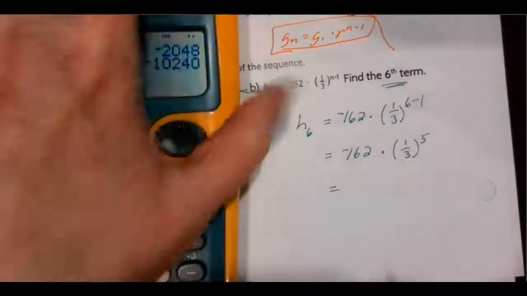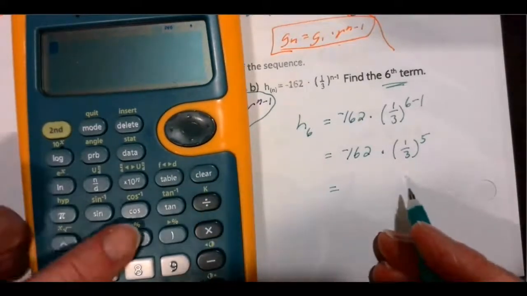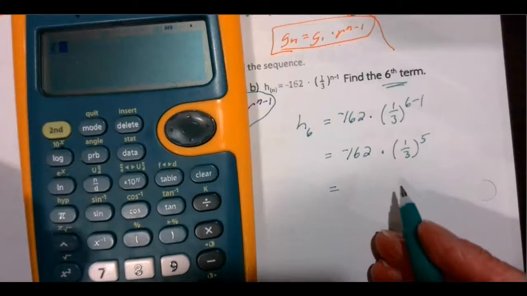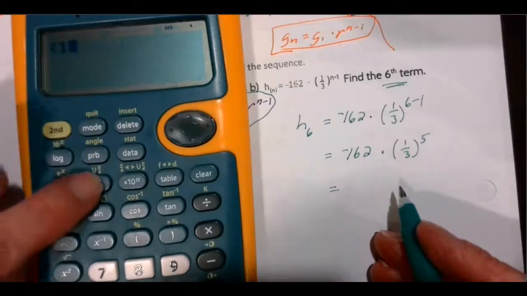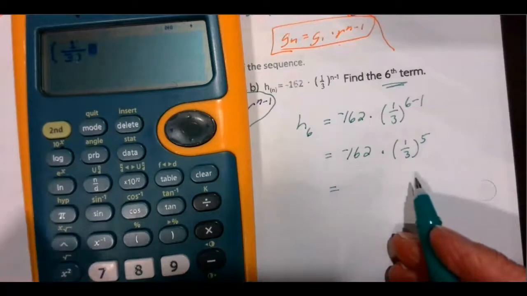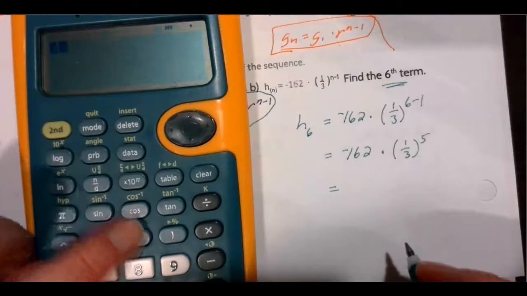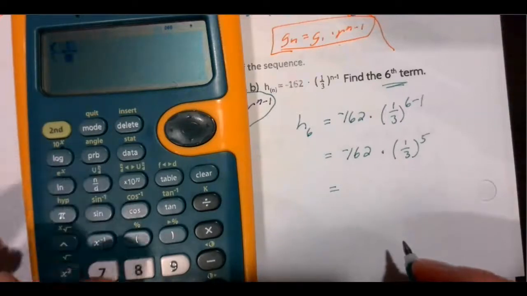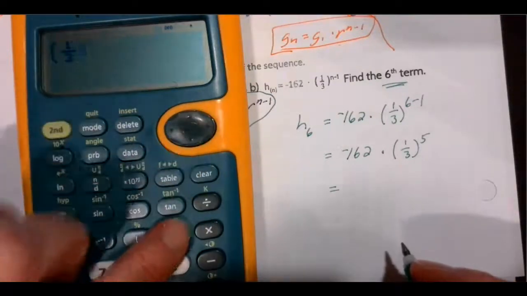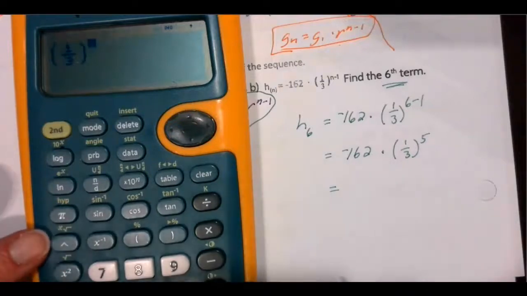Okay, and luckily we have these awesome calculators that will do this for us. So we can take 1/3. I'm going to go ahead and put it in parentheses. I messed up. Okay, let me try it again. Parentheses, 1, 3, come back up, go to the power button right here.